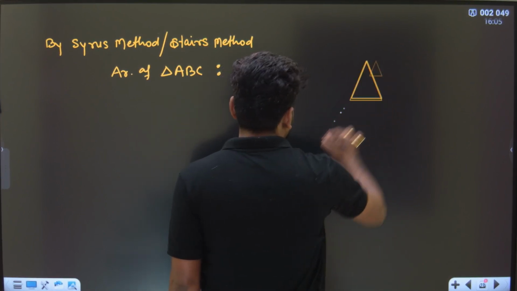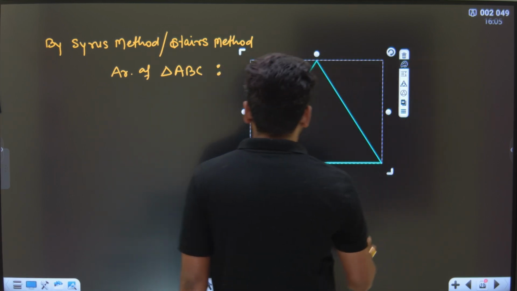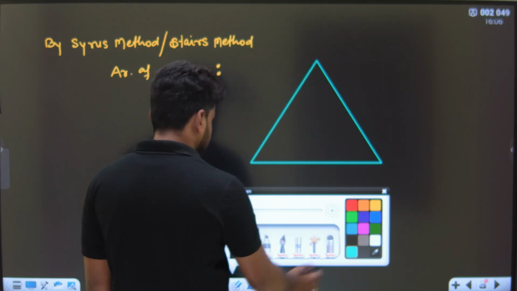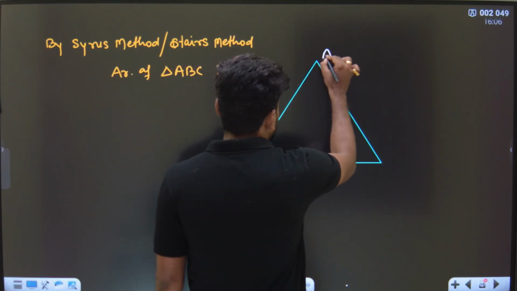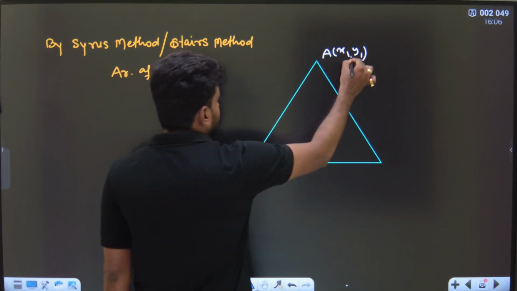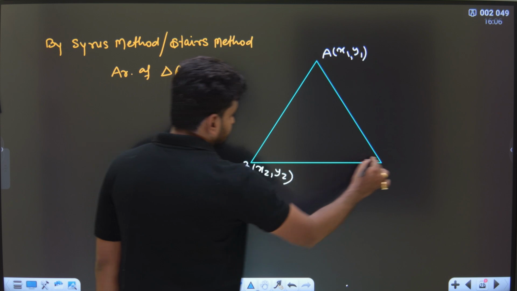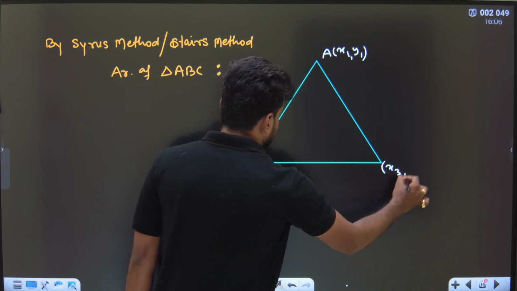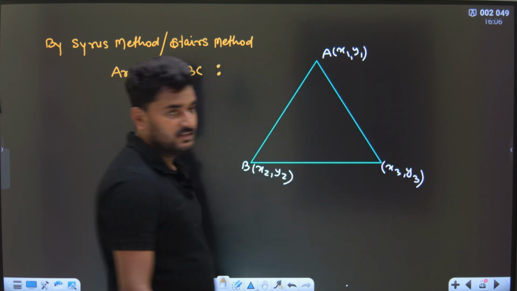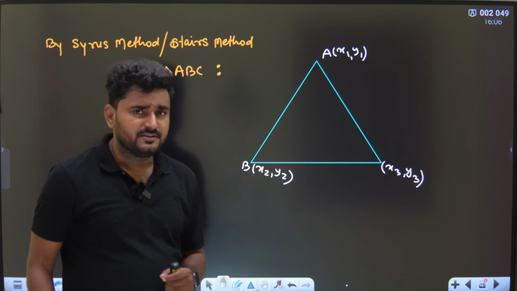For finding the area of triangle, what I will do? Let us change its color. Suppose the triangle whose first vertex is x1 y1, second vertex is x2 y2 and the third vertex is x3 y3, and I want to find the area of this triangle ABC.